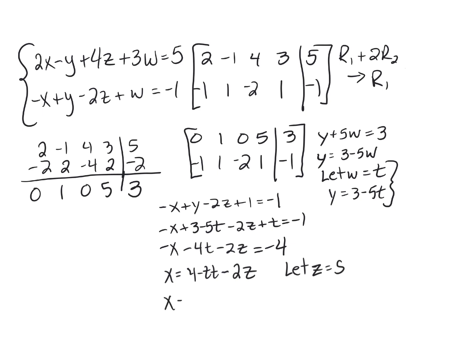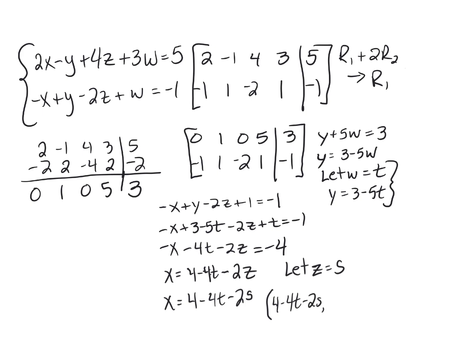That means x is 4 minus, what is that supposed to be? 4 minus 4t. Let me fix what I wrote here. 4t minus 2s. This is a different kind of problem here, and my s looks like a 5. So my solution, x is 4 minus 4t minus 2s.